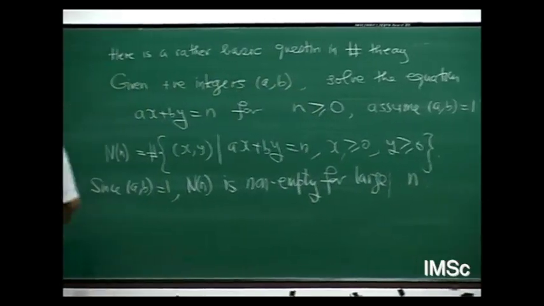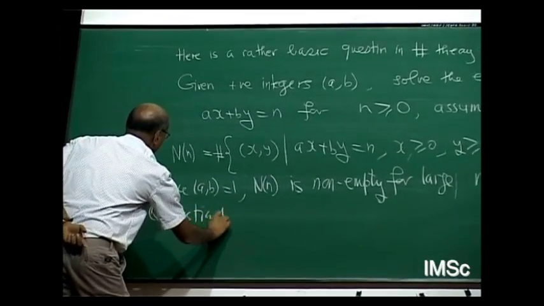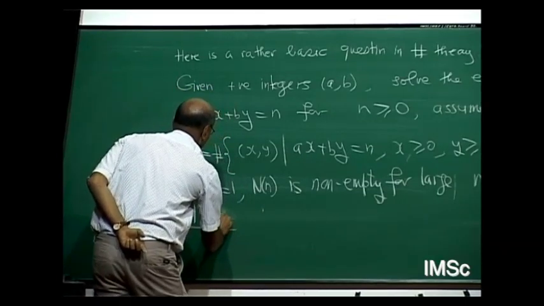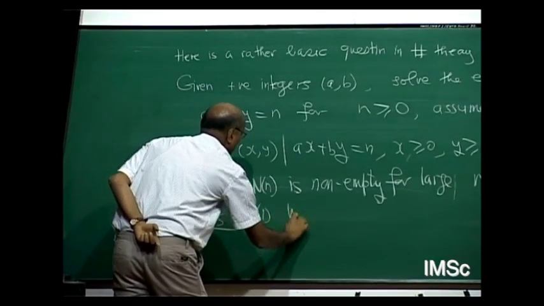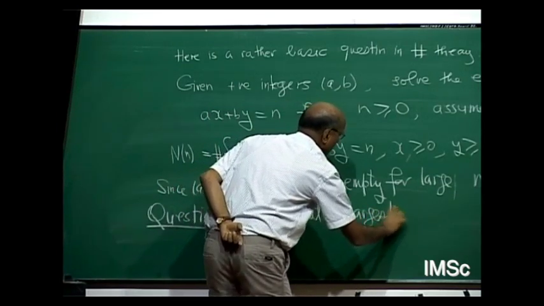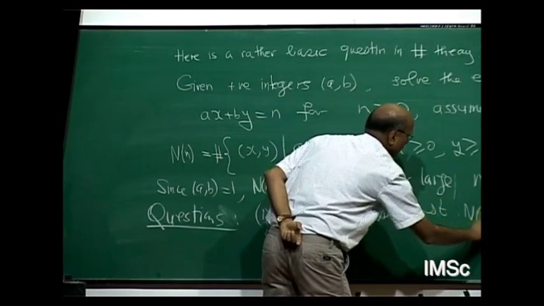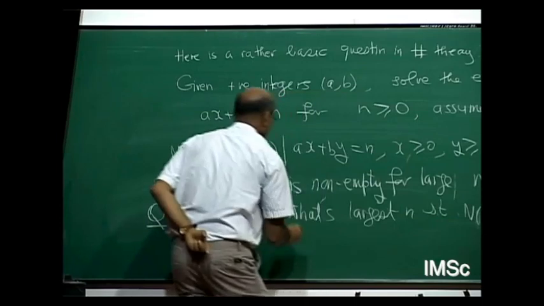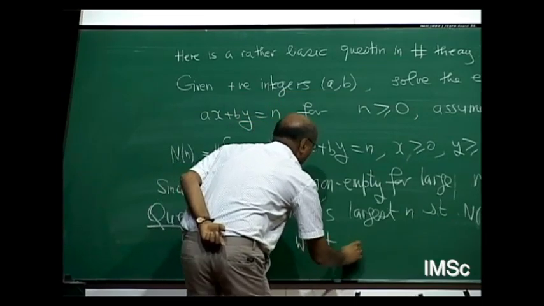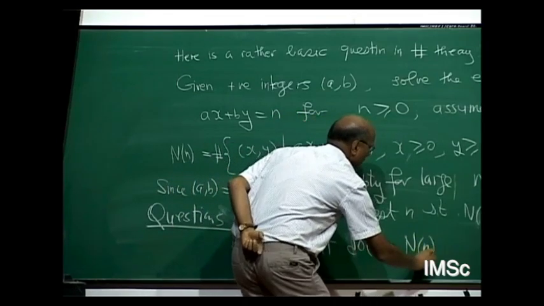So there are two obvious questions that one would like to consider. Question 1: what's the largest n such that N(n) is 0? And the second question: what does N(n) look like?